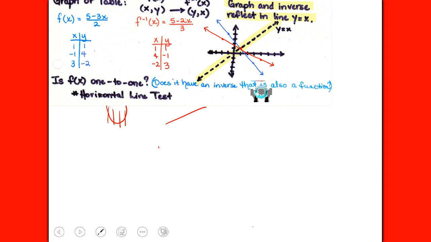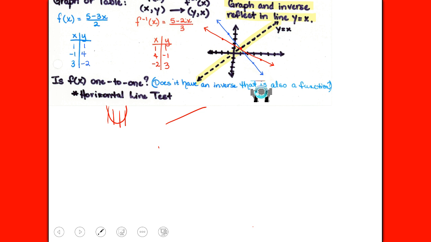But if we hit our graph in more than one spot, it was not a function, because that would be two x values that are the same, right? And you're not allowed to have any two x values the same. So I could look at that and go, okay, yes, that is a function. Now I want to see, is its inverse also a function? If its inverse is a function, that means that its inverse can't have any two x values the same, right?